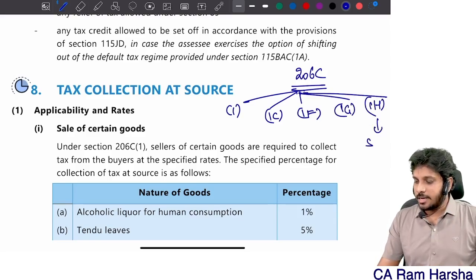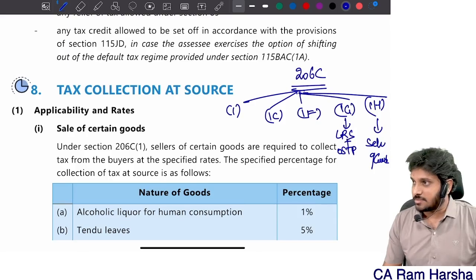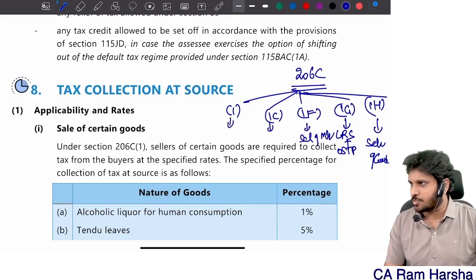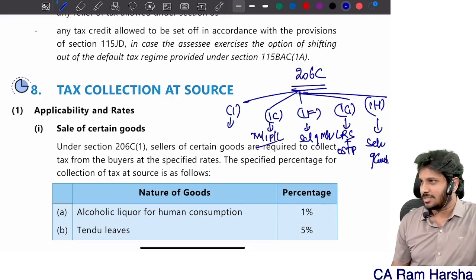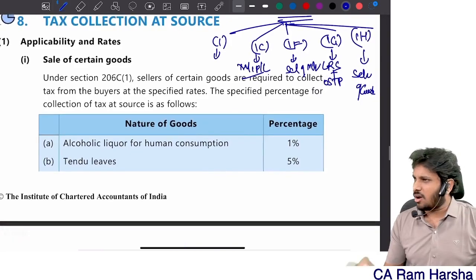So 1H is dealing with the seller of goods. 1G is dealing with the liberalized remittance system, overseas tour package. Correct? Seller of overseas tour package and liberalized remittance. Sale of motor vehicle. Correct? And one is regarding the sale of timber, forest produce, all that. One is regarding toll, parking lot, all that. Correct? Now, toll, parking lot, these are all quite easy.